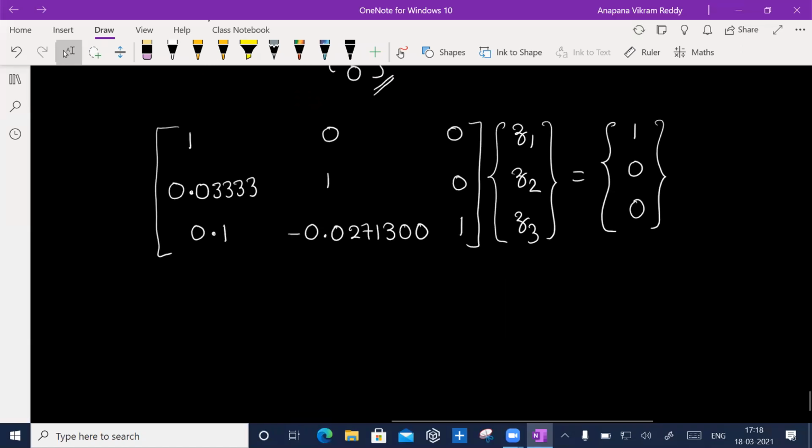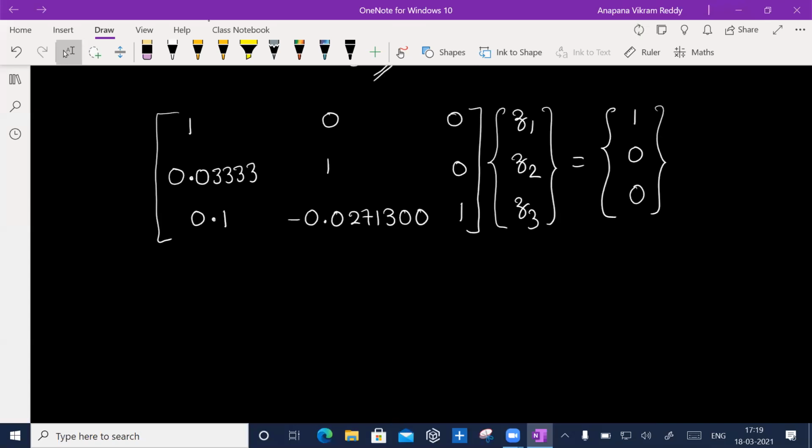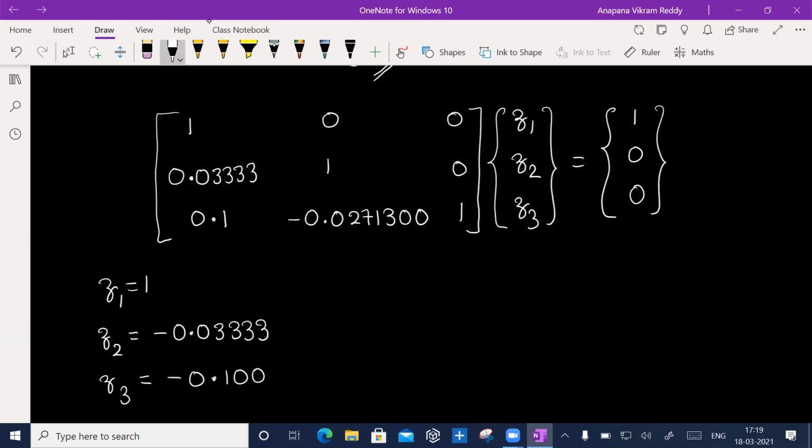Now I can find Z1. Z1 equals 1. And what about Z2? It is minus 0.0333. And my Z3 is minus 0.1009. I'm taking approximate values. Did you get like that?